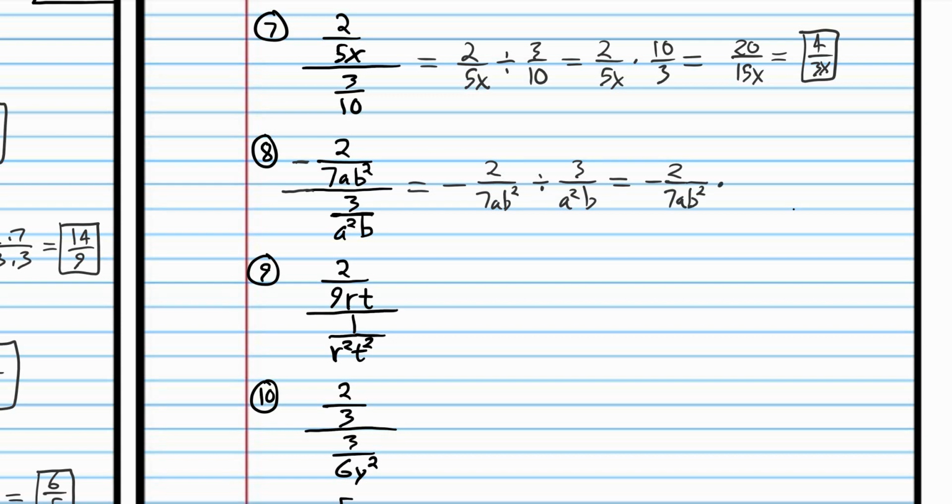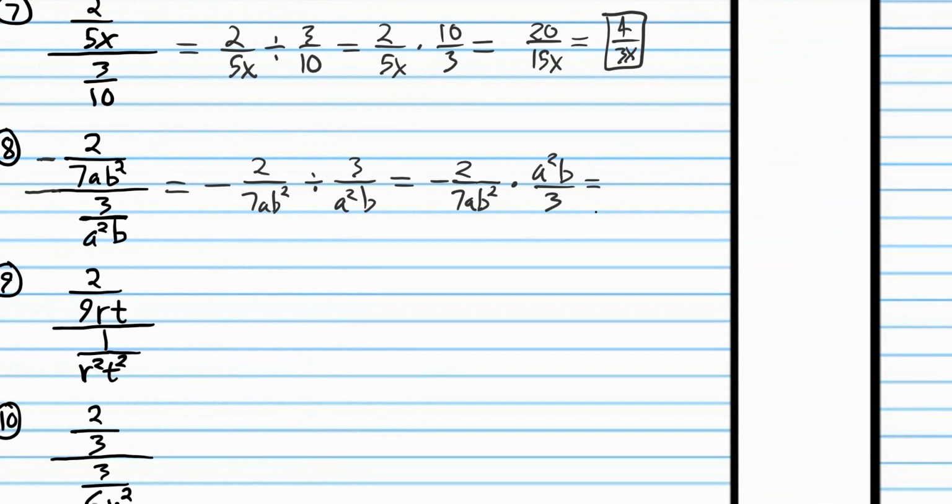And switch to multiplication. Flip the divisor. And just multiply straight across. I need to move that over to show my negative sign there.